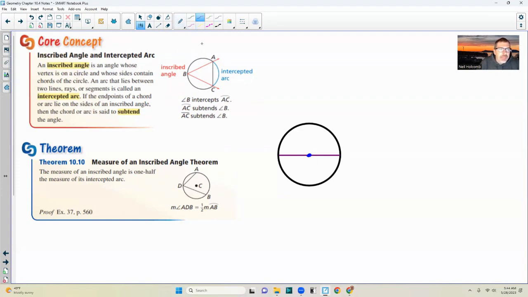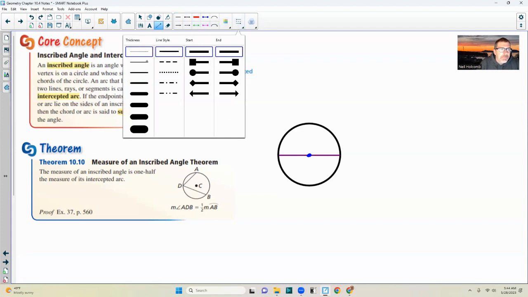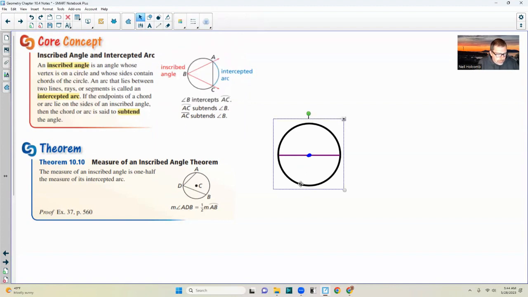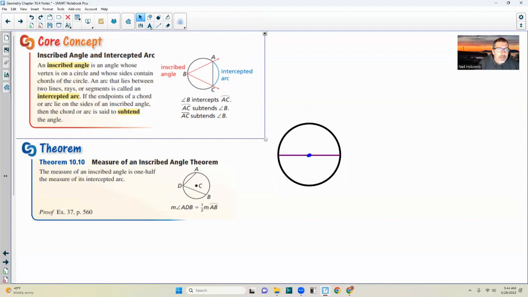So if I now take a line segment, let's make it red. Let me just put a dot here. All right, let me try that again. So I'm going to put a point on the circle right here.